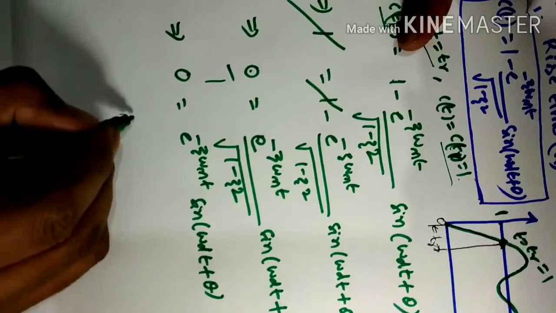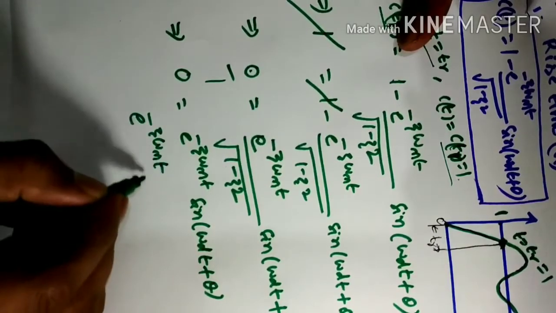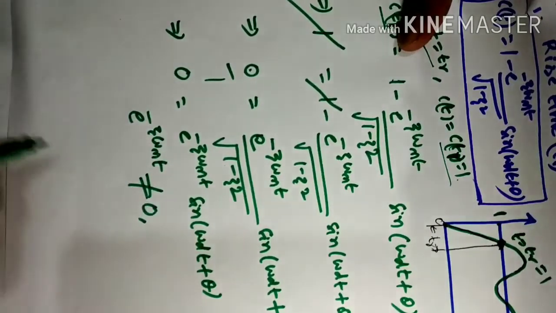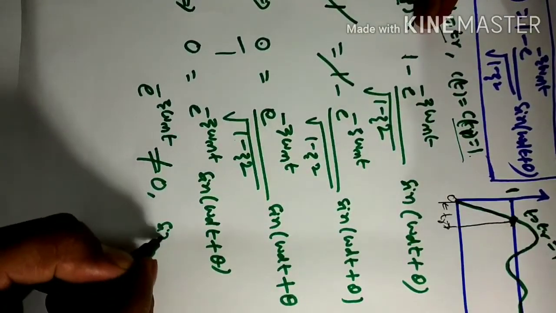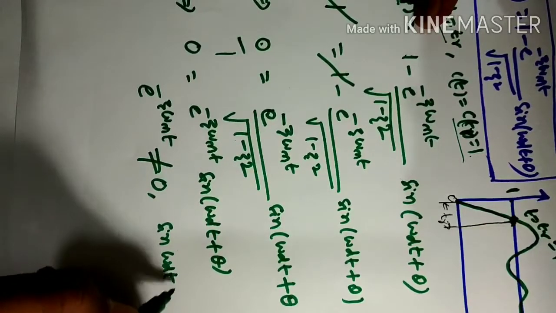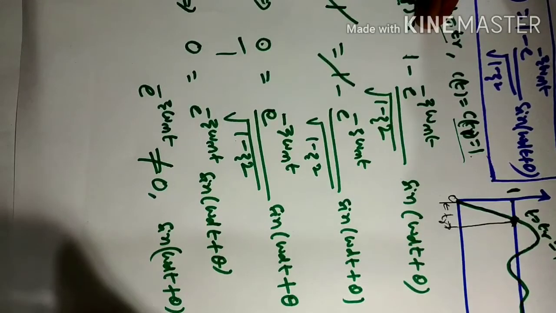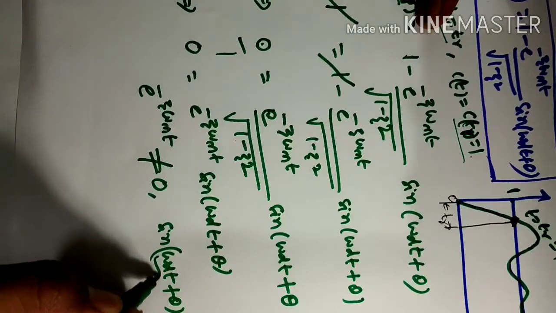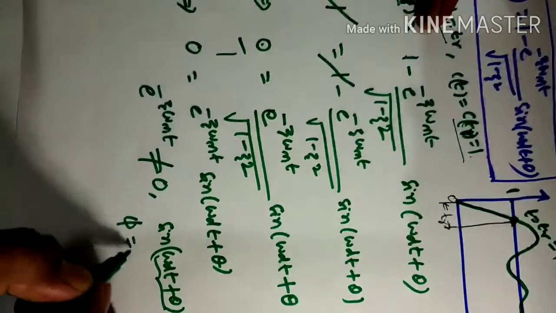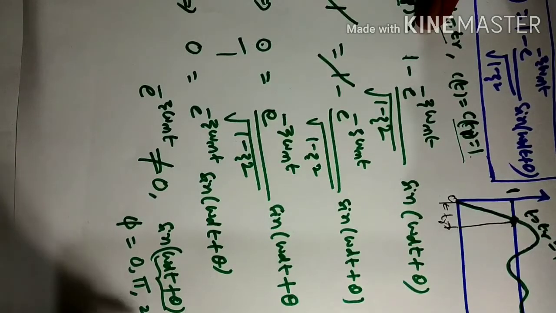You know that e raised to minus zeta omega n t is not equal to 0, and sine omega d t plus theta is equal to 0. When is sine equal to 0? It is 0 at 0, pi, 2 pi, and 3 pi.